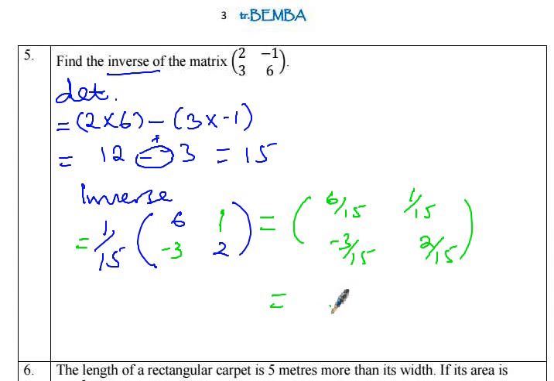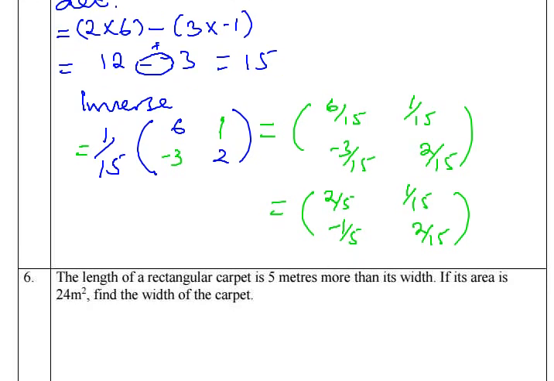But we can continue and simplify a bit, where we're going to write this as 2 out of 5, then minus 1 out of 5, 1 out of 15, and 2 out of 15. So that can become our simplified answer.